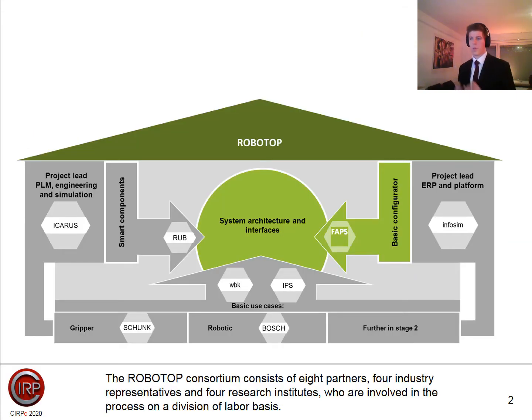So at first, I'm part of the research project Robotop, and within we have the task of system architecture and configuration. So the part I present will be mainly focused on configuration and the system architecture, and within on the VR configuration and classical planning approaches for robot-based automation solutions.